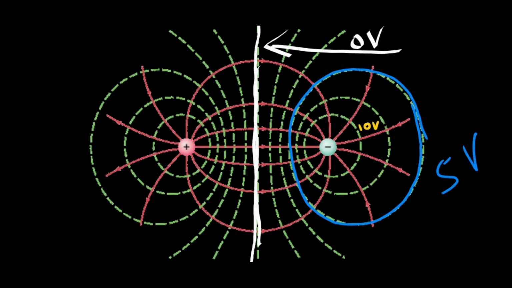Here the blue line or the blue circle represents another equipotential surface, which is of 5 volt. That is, each point on this blue circle represents a potential of 5 volt.